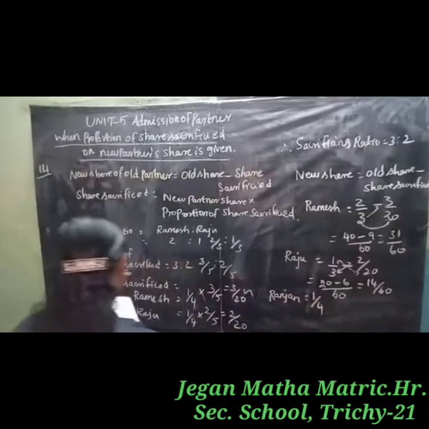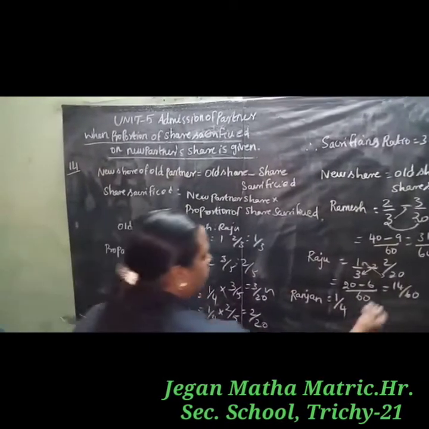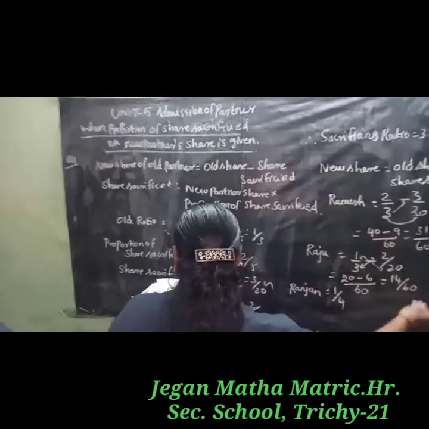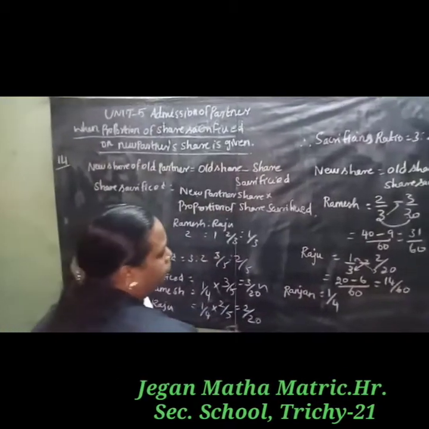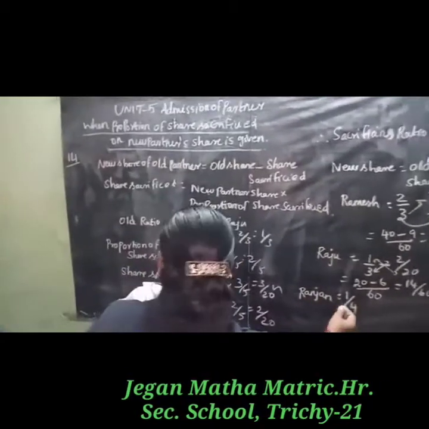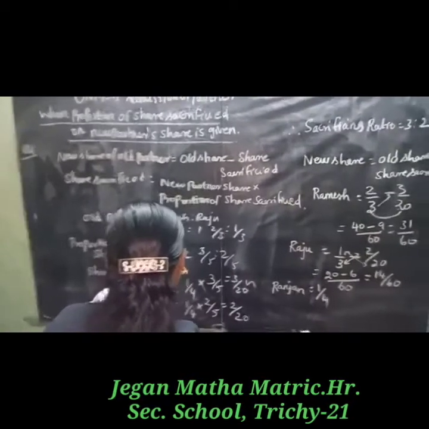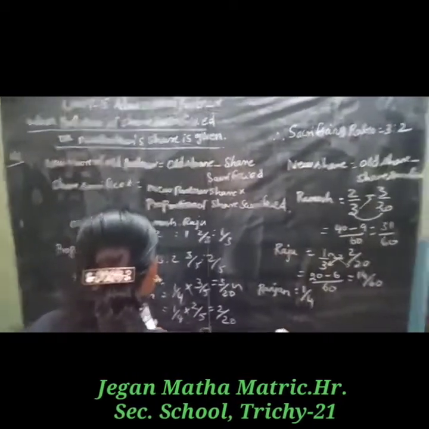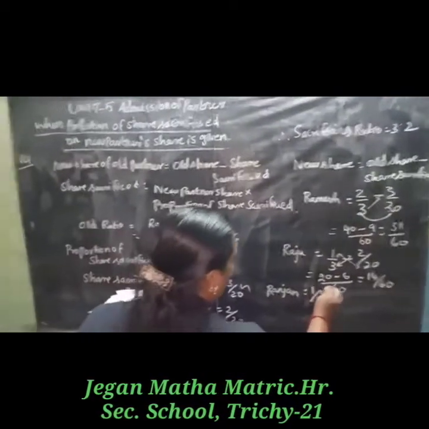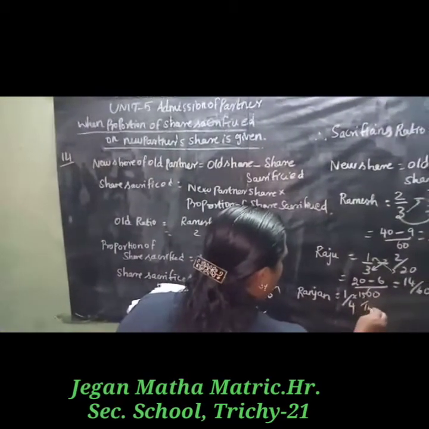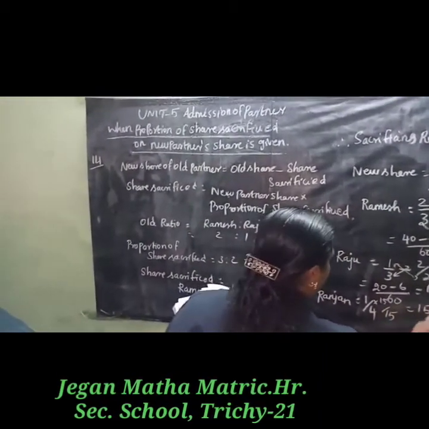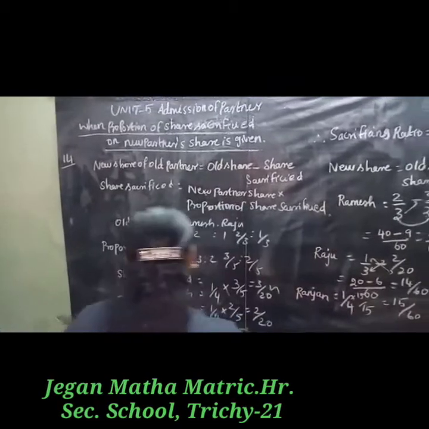In order to equate the denominator, we multiply and divide Ranjan's share by 15. So 1 15s are 15, 15 4s are 60.